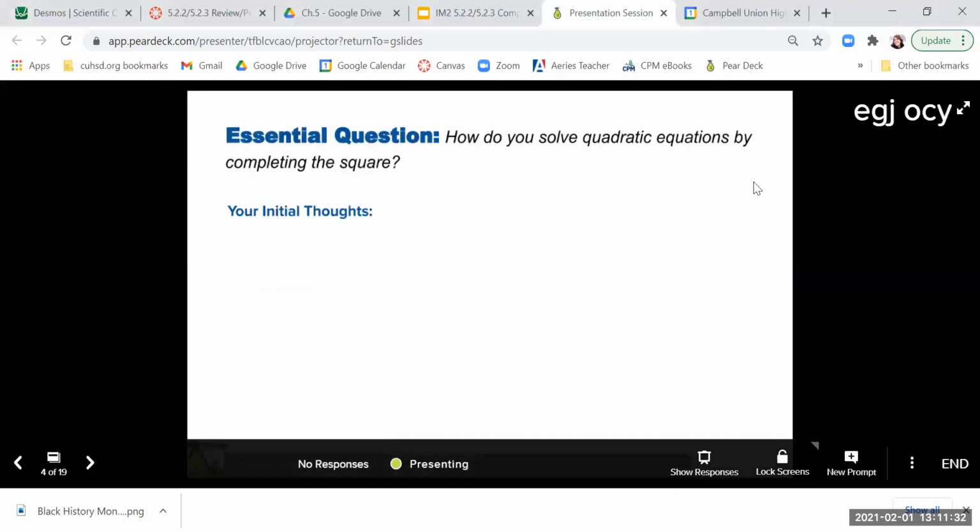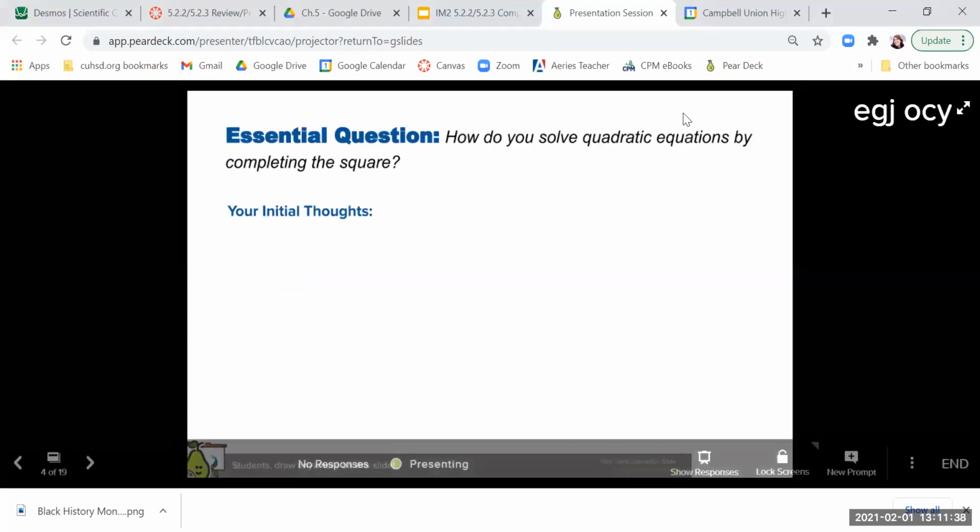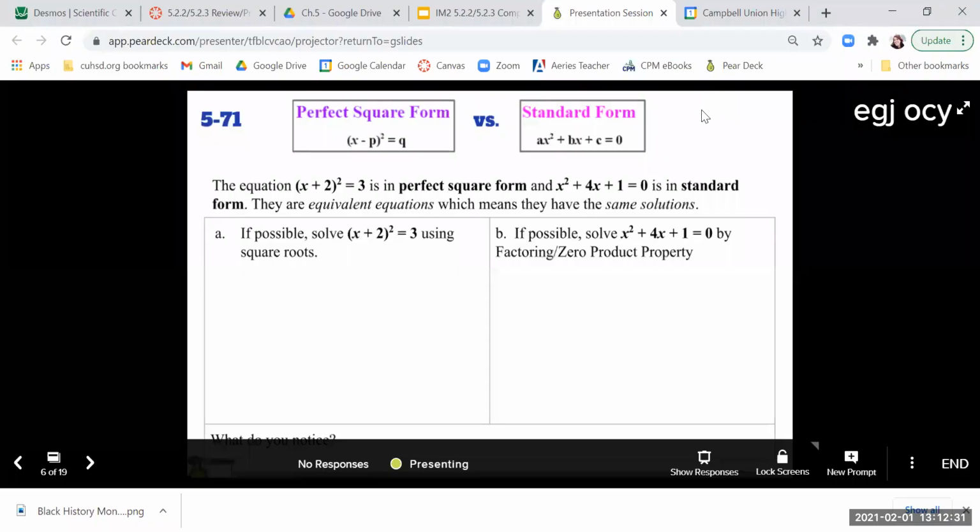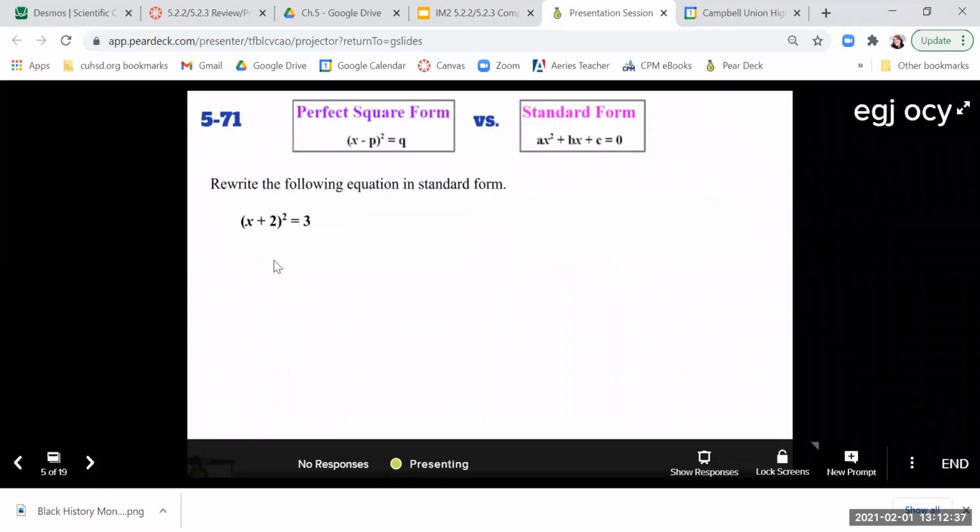So our essential question today is, how do you solve quadratic equations by completing the square? In this problem, we are going to compare perfect square form and standard form.